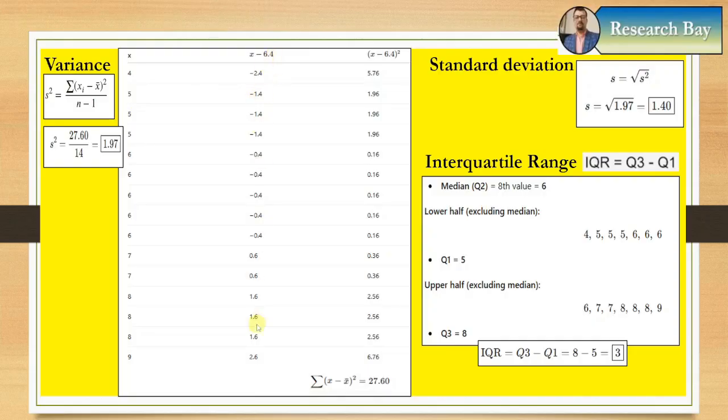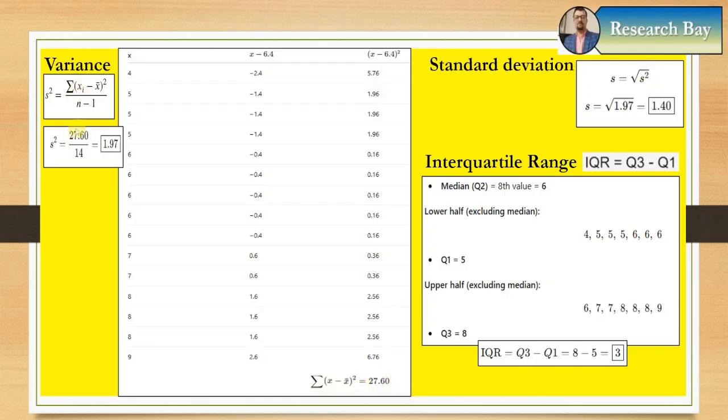So you take out this deviation and then you square up that deviation. You see squaring minus 2.4 gives you 5.76. Squaring minus 1.4 gives you 1.96. And then you add up. Then you sum up all of them, because the formula says that you sum up all the squared deviations. You come to 27.60.